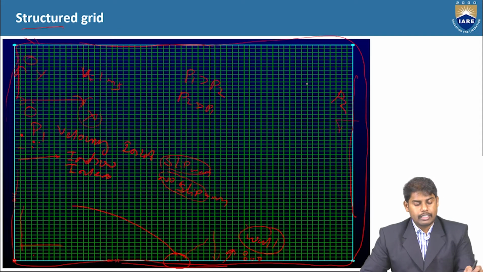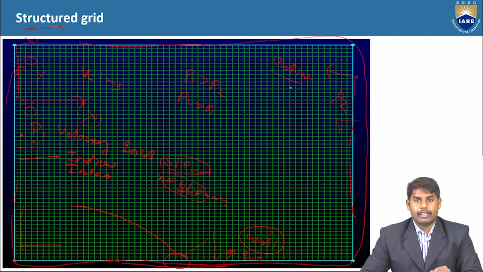So the left boundary is finished, and the bottom boundary is finished. On the right one, we take this as outflow or outlet. In this outflow or outlet, the flow which enters from the left boundary has to leave at the right boundary.